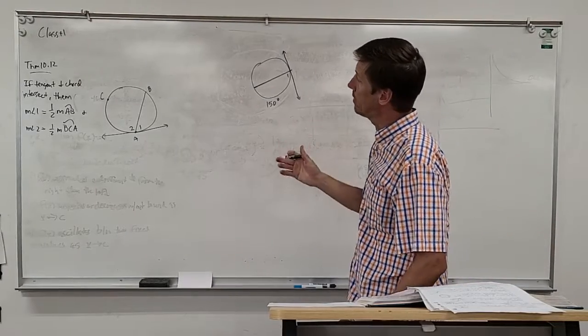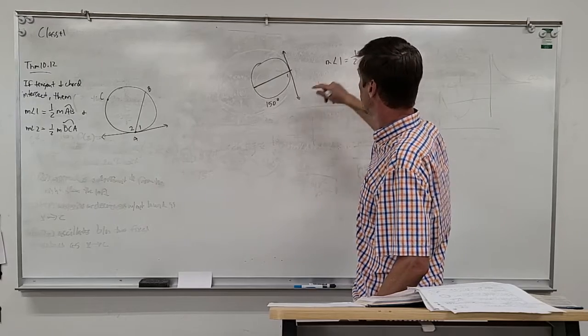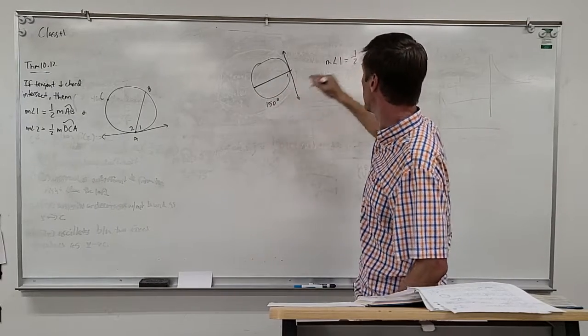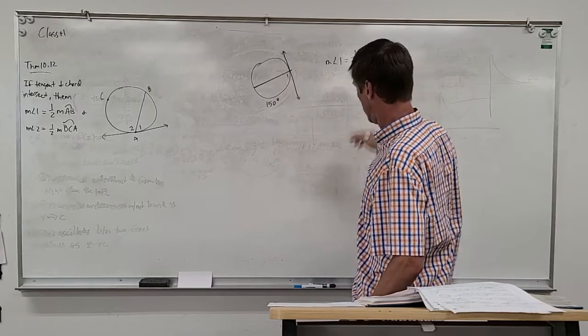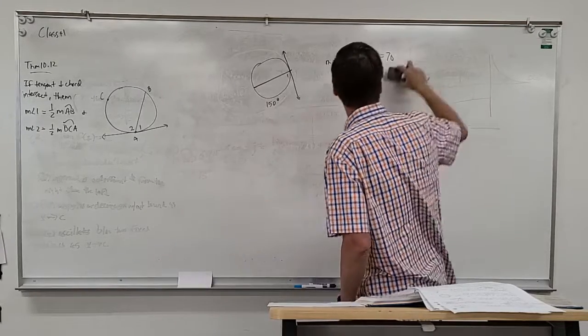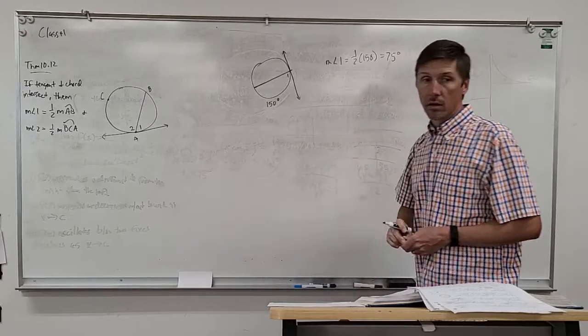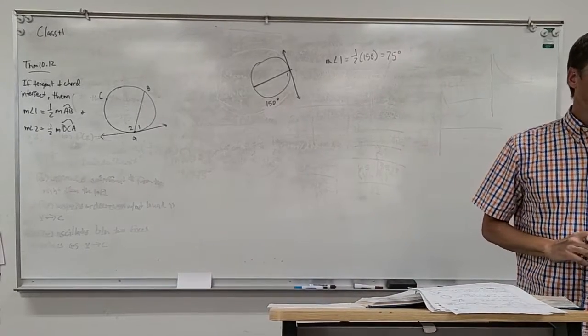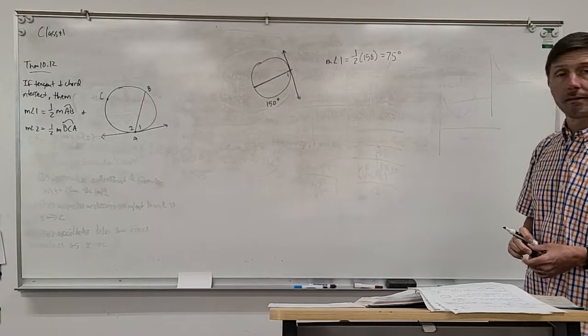Well, no problem. The measure of angle 1 is simply 1/2 the measure of this arc right here, which is 150. So the measure of angle 1 is 75 degrees. Okay? Does that make sense to everybody?